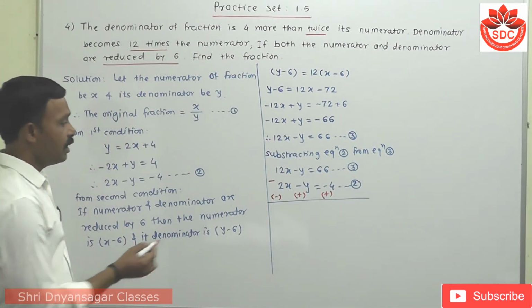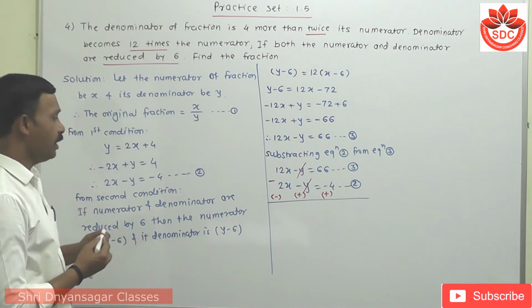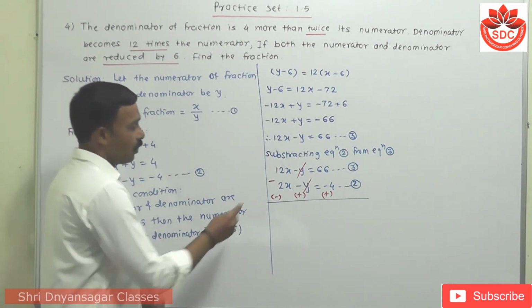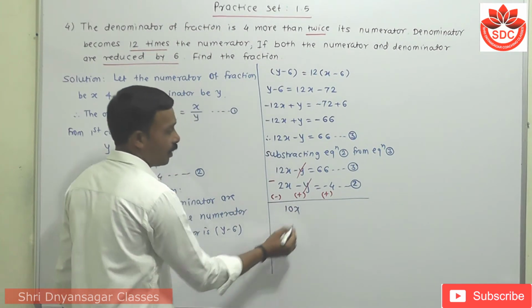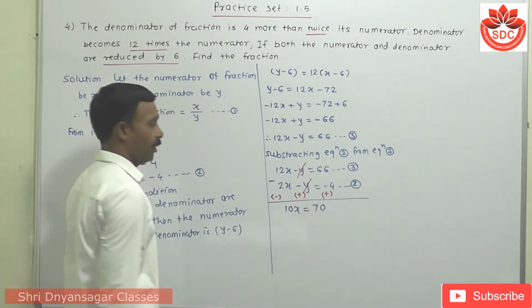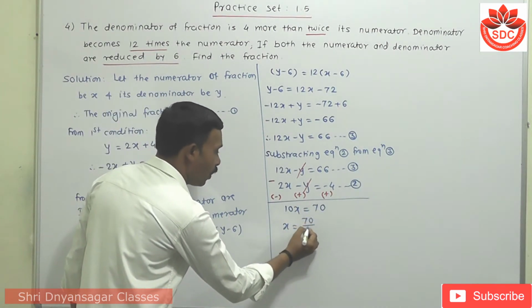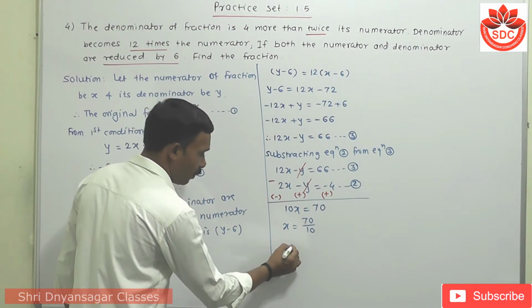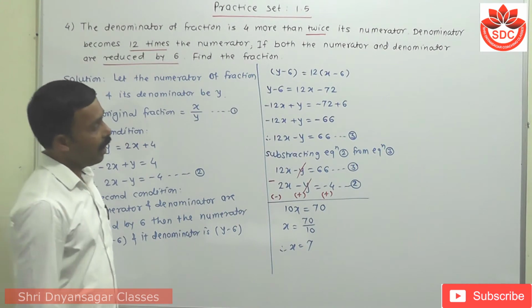Then this plus y and this minus y get cancelled. What remains is 12x minus 2x, which is 10x, is equal to 66 plus 4, which is 70. Therefore x is equal to 70 upon 10, so the value of x is 7, since 7 times 10 is 70.